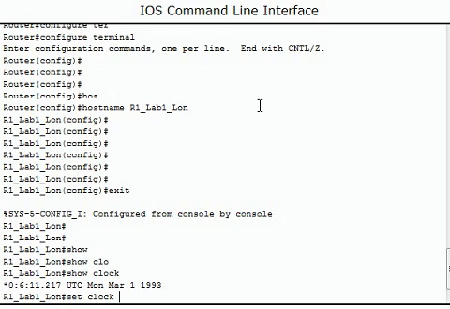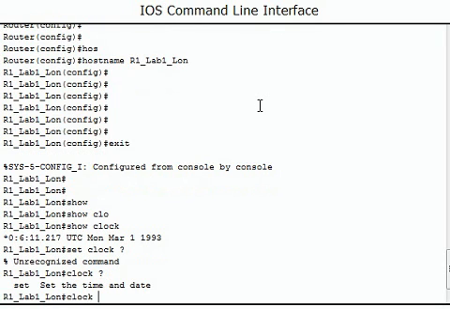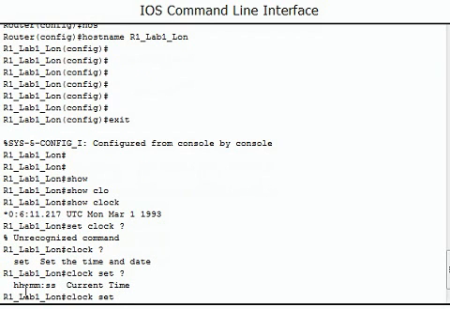For example, I'm not sure what to write next, so I put a question mark and it shows me the options. I don't know the next word to enter, so I enter a question mark again. Now it's asking me to enter the current time in hours, minutes and seconds.